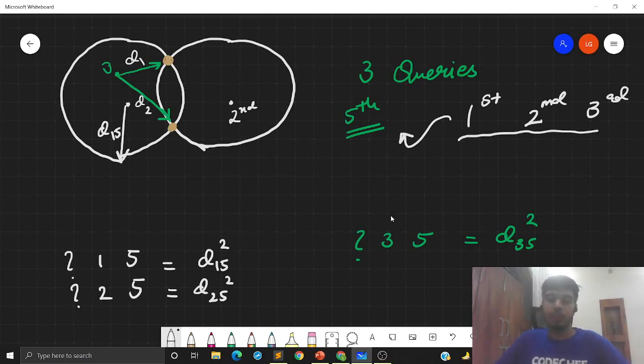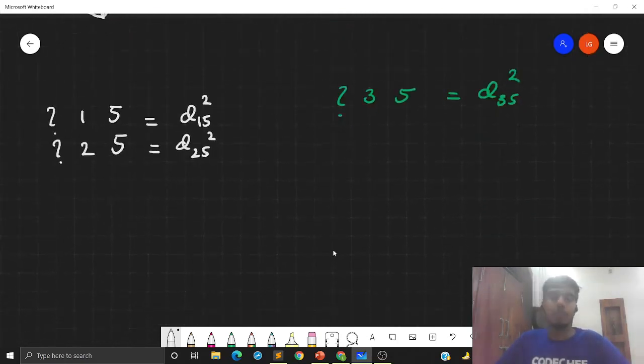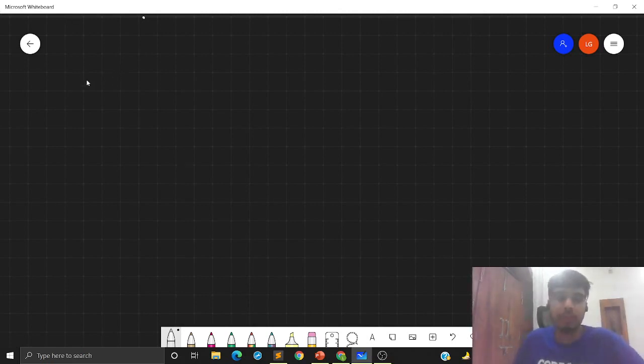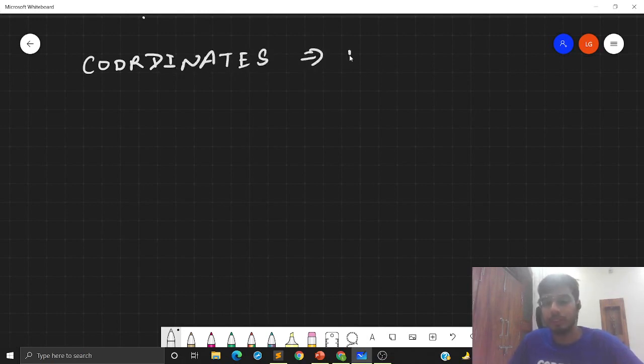So what we have till now is some rough idea of how in three queries we can find out the exact coordinate of the fifth point, given that we have the coordinates of the first, second, as well as third point. So in general, taking this as induction, we will be able to find out the coordinates of all the points, all the endpoints.